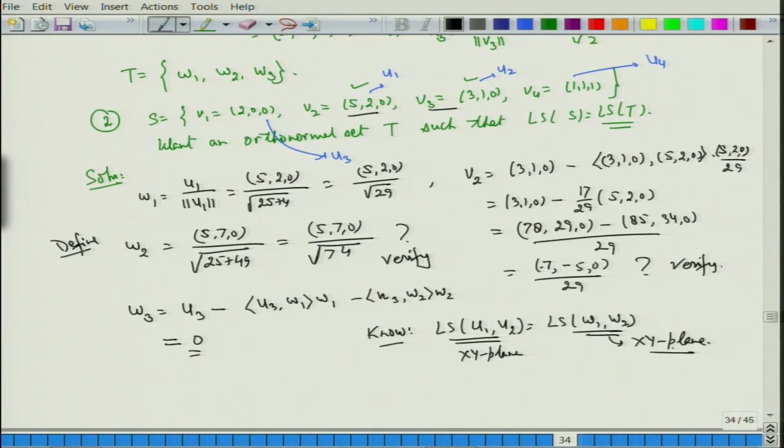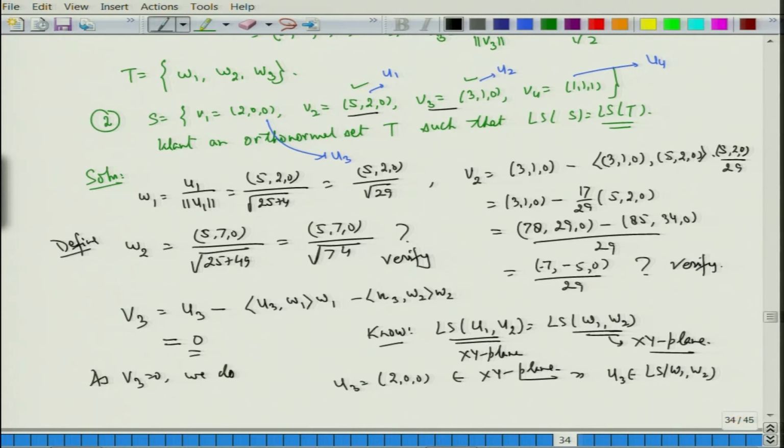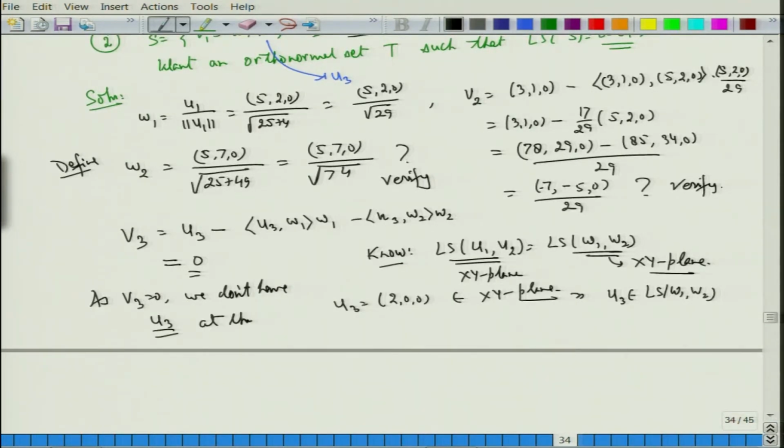And U3 is nothing but (2,0,0), which belongs to the xy plane, and therefore U3 belongs to the linear span of W1, W2. So V3 is 0, and therefore we don't have a W3 from U3 at this stage.